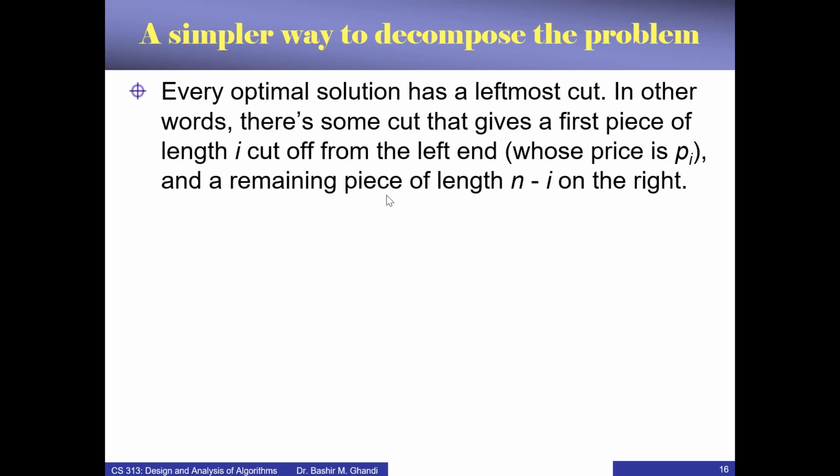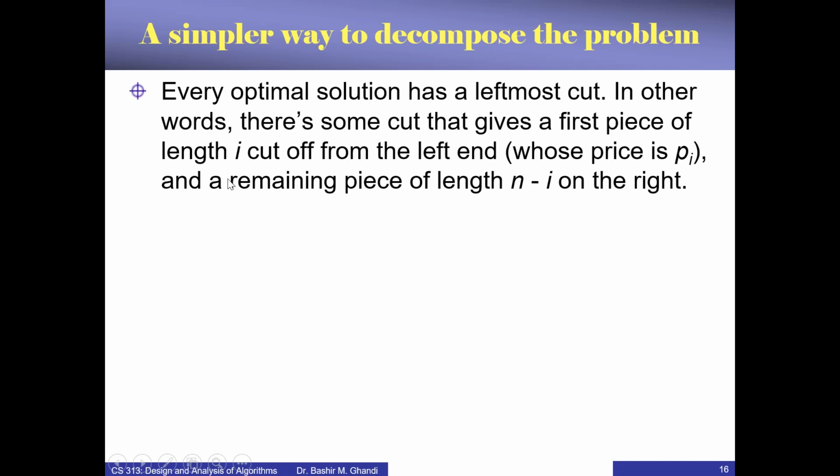We notice that every optimal solution that we find will have a leftmost cut. In other words, there is some cut that will give the first piece of length i, say, and then the remaining piece of length n minus i to the right.